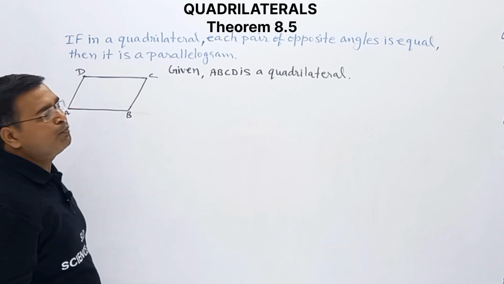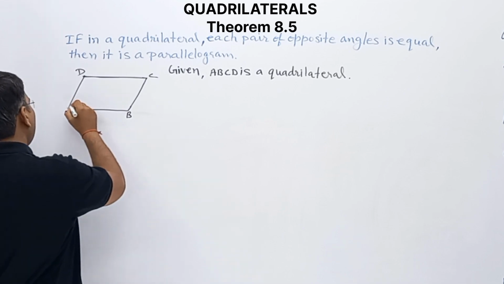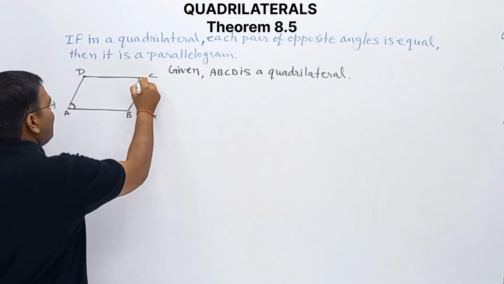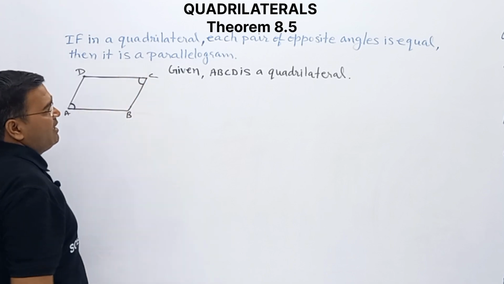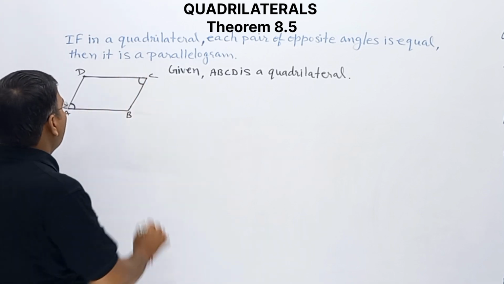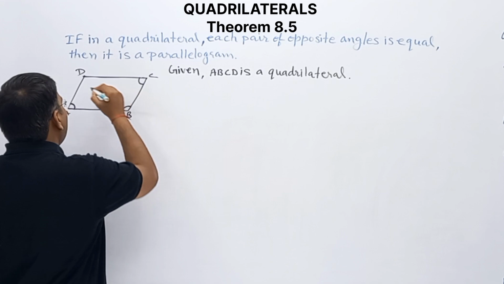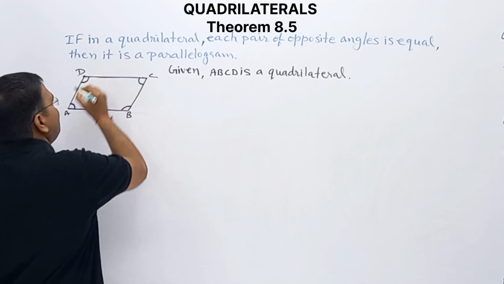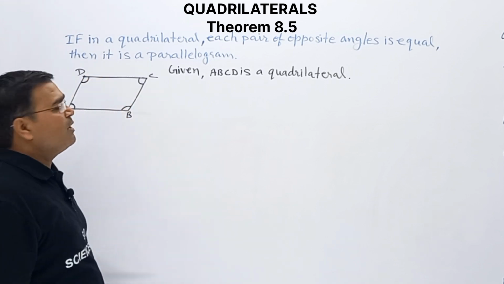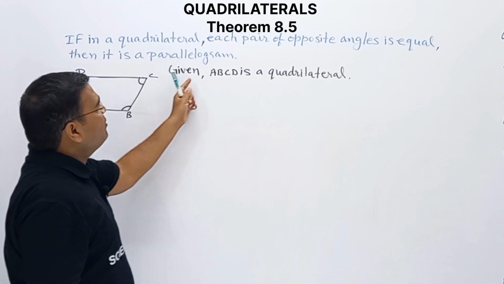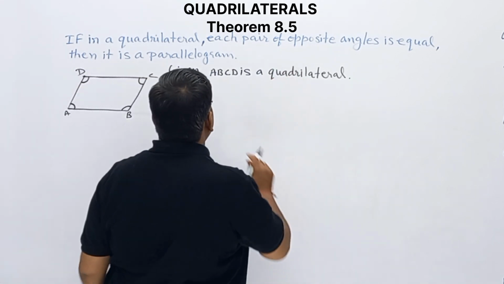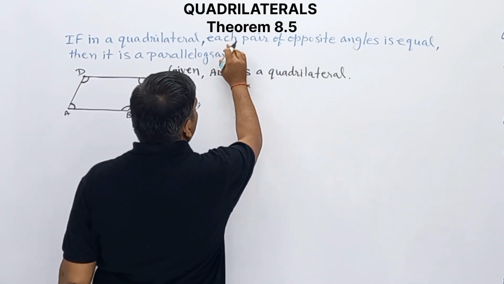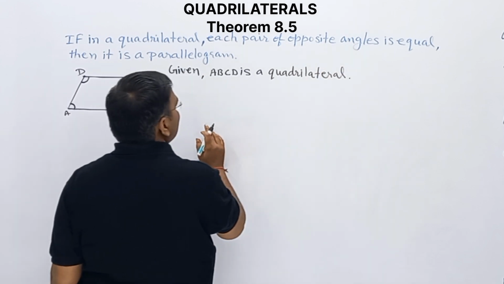In a quadrilateral we have two pairs of opposite angles. One pair is angle A equal to angle C. Another pair is angle B equal to angle D. So this also we have in the theorem. Given ABCD is a quadrilateral, another thing we have, each pair of opposite angles is equal.